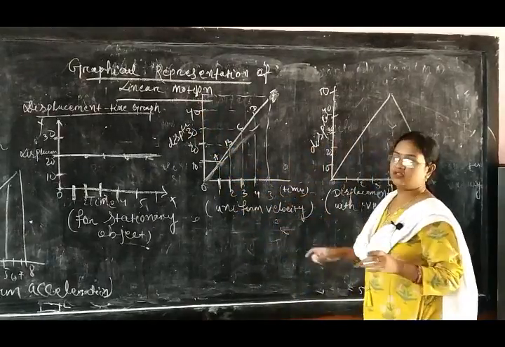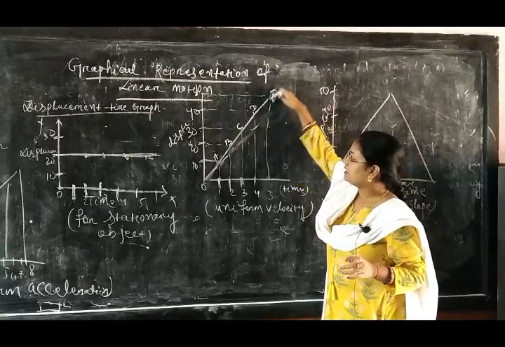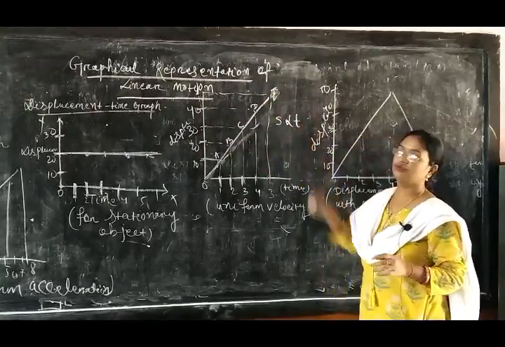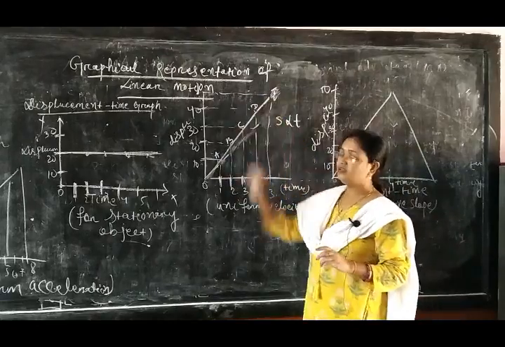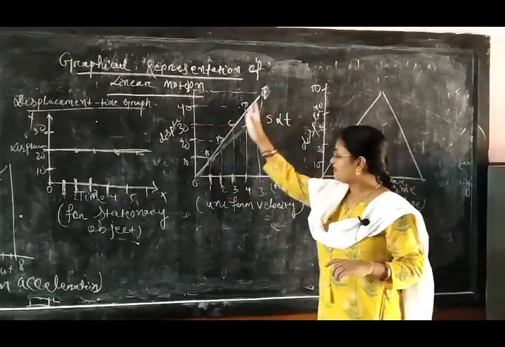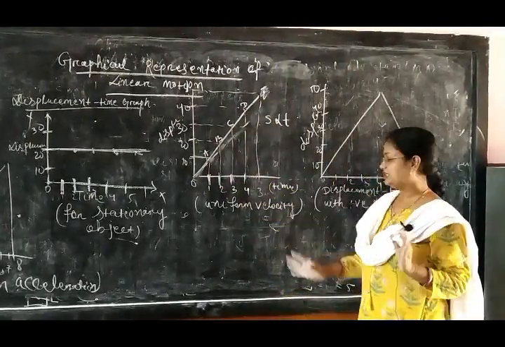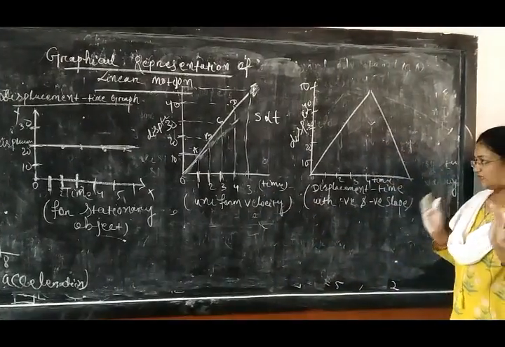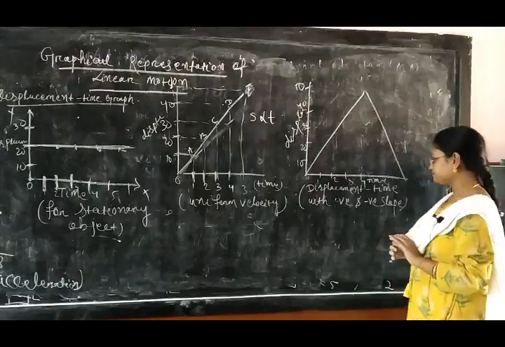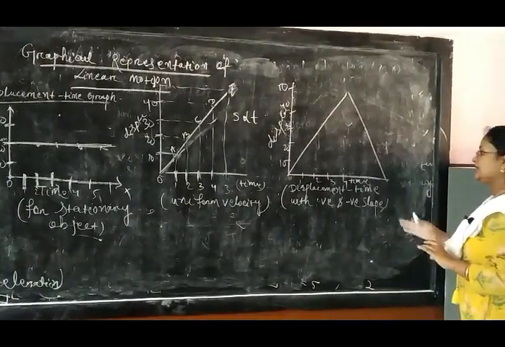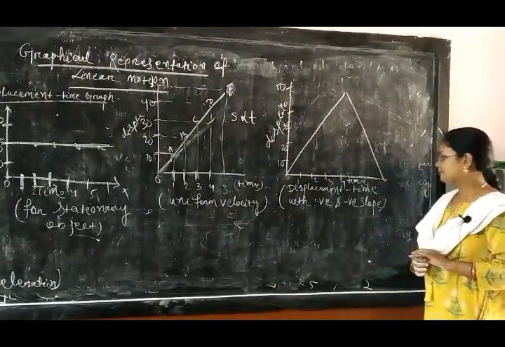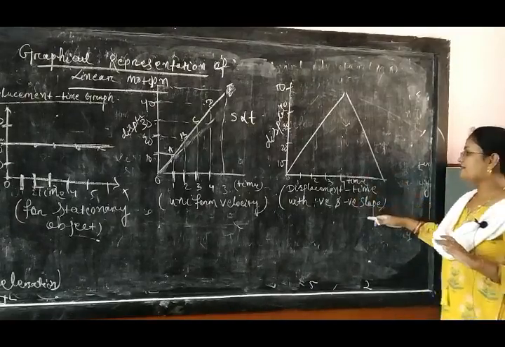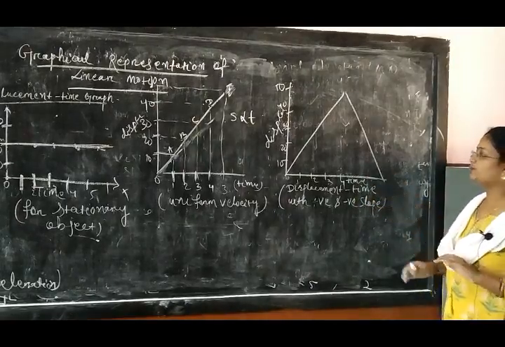That's why it is uniform velocity, and the displacement is continuously increasing. Here the displacement is directly proportional to time. This is the graph for directly proportional. If the graph is like this, then you will think that this is the displacement time graph for uniform velocity.